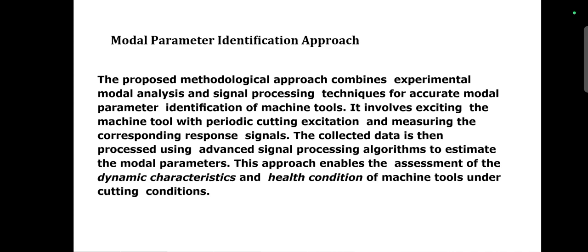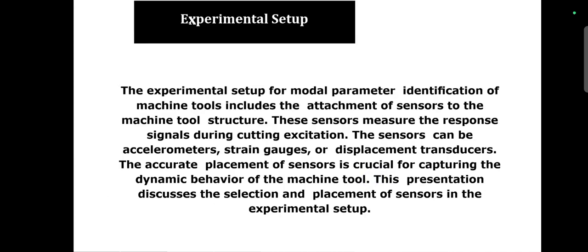The collected data is then processed using advanced signal processing algorithms to estimate the model parameters. This approach enables the assessment of the dynamic characteristics and the health condition of machine tools under cutting conditions.